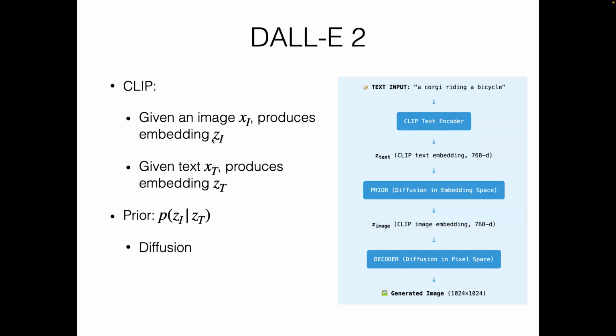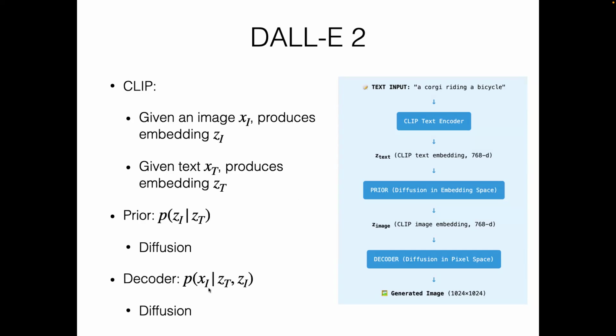So in some sense, it's producing image embeddings given text embeddings. And you can see that both of these are continuous, so you can use a diffusion model. Instead of training it to produce images, you could just train it to produce embeddings.